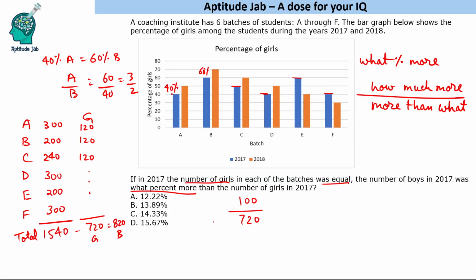It is 100 more, and more than what? More than 720. So into 100, you can just reduce by 20, we'll get 5 and 36. Again we can divide by 4 and get 9 and 25. So 125 by 9, so that is 13.89%. That is the answer to the question.